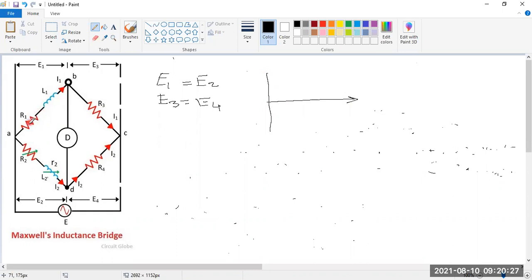You can see this I1, and I1 R1 is in phase with it. This is the I1 current. We are taking this as reference: the I1 current is the reference.